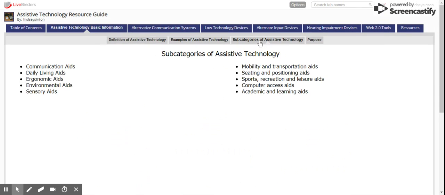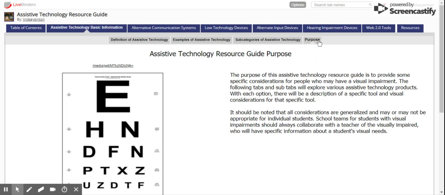And then I included a list of the subcategories of assistive technology, which again we covered in class. And then I also included the purpose of this assistive technology resource guide, which I described earlier as looking at different devices or tools and then exploring some visual considerations for students who may have visual impairments.